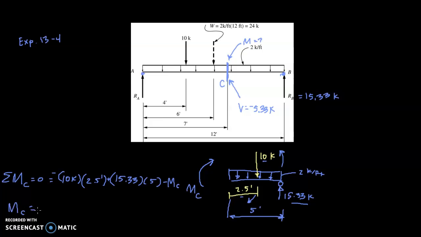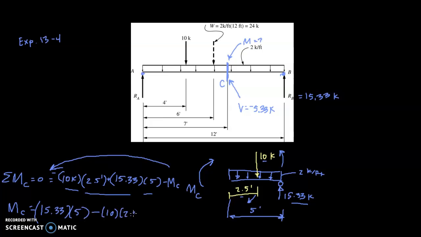So M_C therefore equals, let's see, I'm going to take the M_C over to the other side of the equation, so it will go from a negative to a positive, and the signs over here on this side will stay the same. I'm just going to put the bigger one in front: 15.33 times 5 minus 10 times 2.5, and that equals 51.7 kip feet.